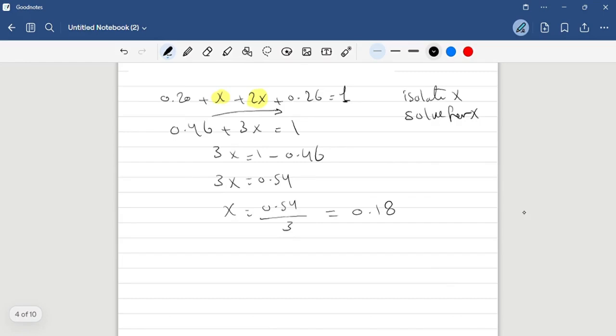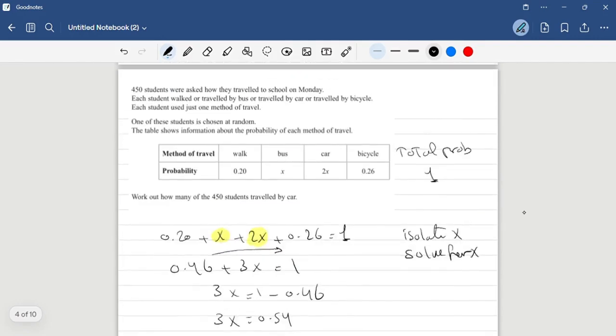So the first one means 0.18. Let's go back here and answer this. X will be 0.18. Here will be 0.36. Of course, if I multiply 0.18 by 2, it will be 0.36. You understand it? Okay. Did I answer this question? What do I have to do in this situation?